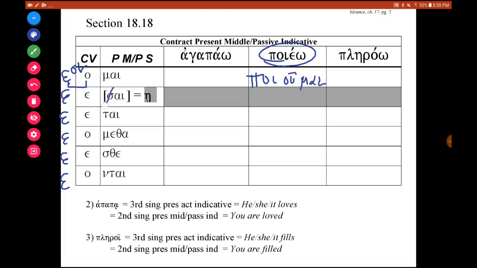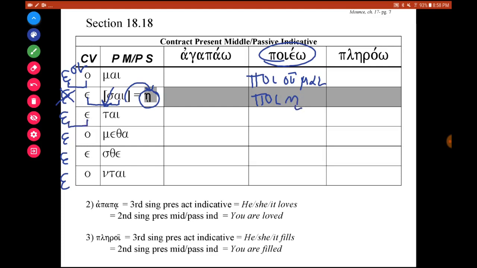Again, the sigma drops, these vowels contract, you end up with an eta with iota subscript. The iota subscript is a strong long vowel, and it makes the contract vowel in the stem drop. And so the second person singular form is poiei.